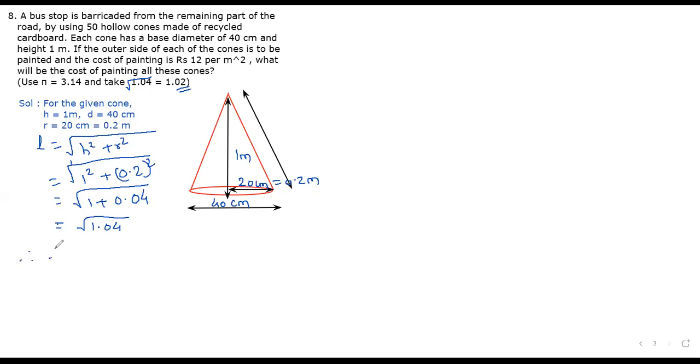Yes or no? So slant height comes out to be 1.02 meters.